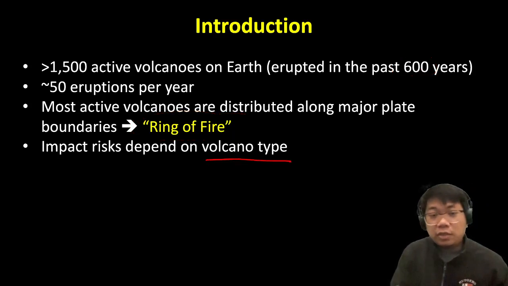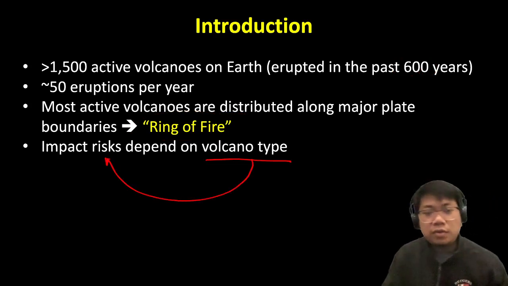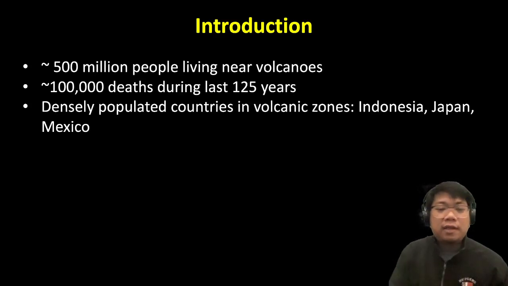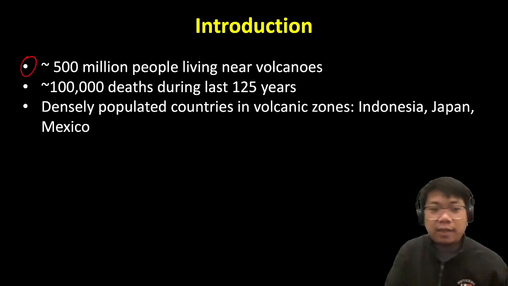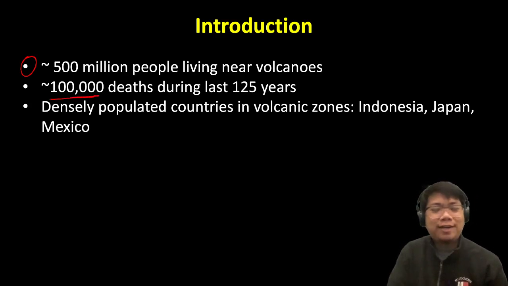And the reason why we need to learn about this is because the risk and the hazards associated with volcanic eruptions really depend on the types of volcanoes that we are dealing with. Okay. And this is also another thing that I would like to point out: there are lots of people that live near volcanoes, and there's actually about 100,000 deaths during the last 125 years.